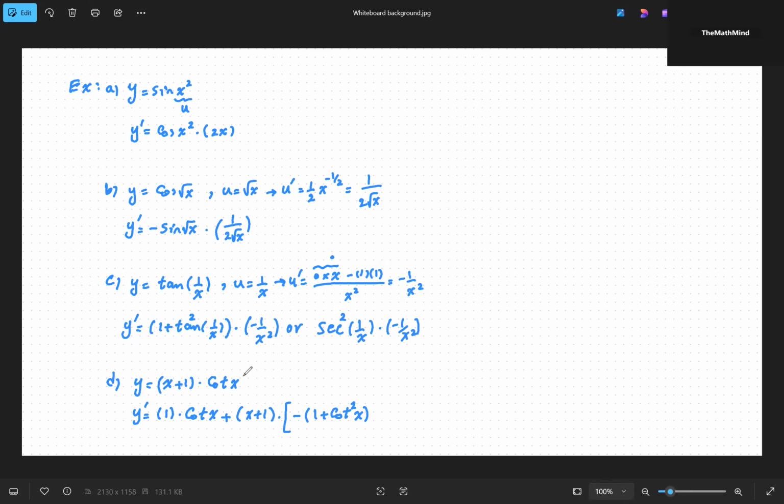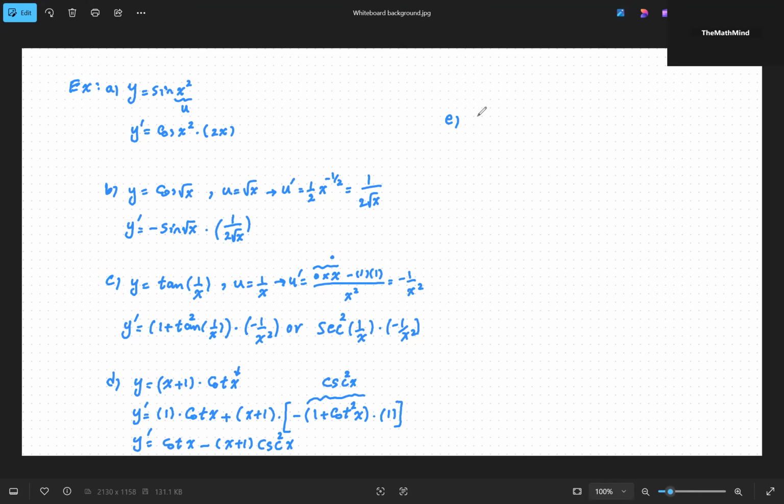Just pay attention to u here. u is x, so the derivative of x is 1 here, so you can skip that. Instead of this part, you can also write cosecant squared x. So the answer will be cotan x minus x plus 1 times cosecant squared x.